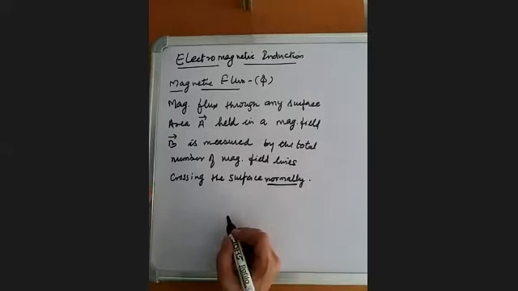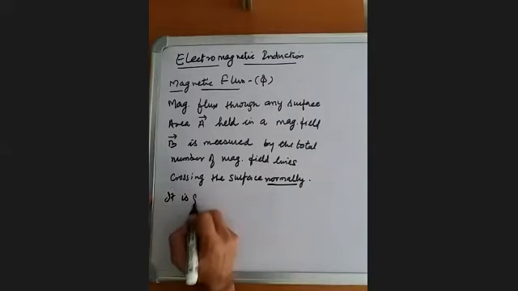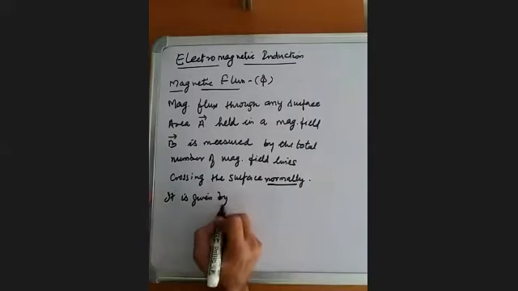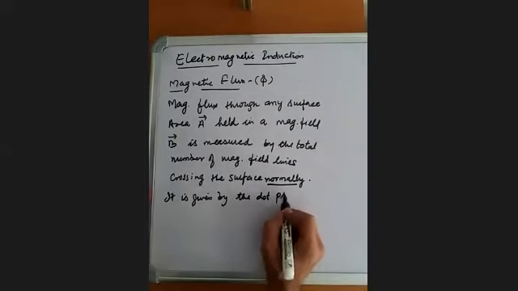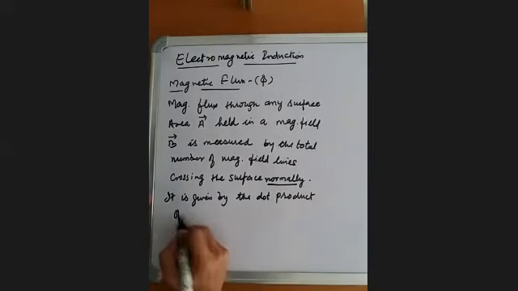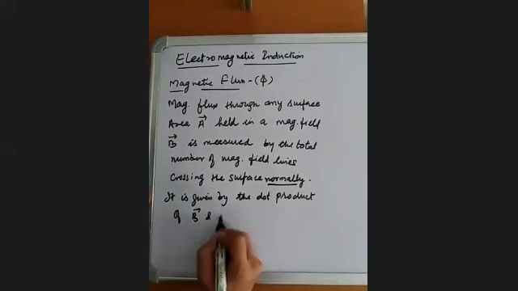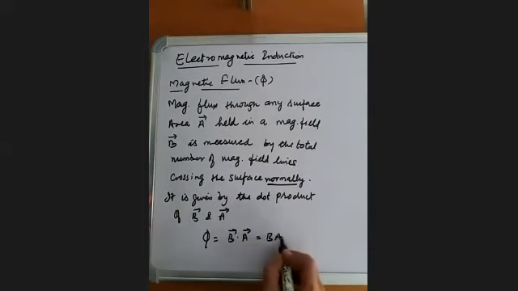So therefore it is given mathematically by the dot product of vector B and vector A. So we can write the expression for phi as equal to vector B dot vector A, which is BA cos theta.